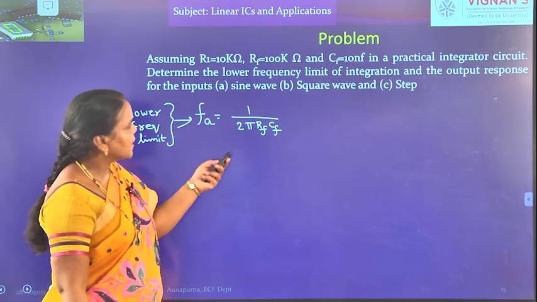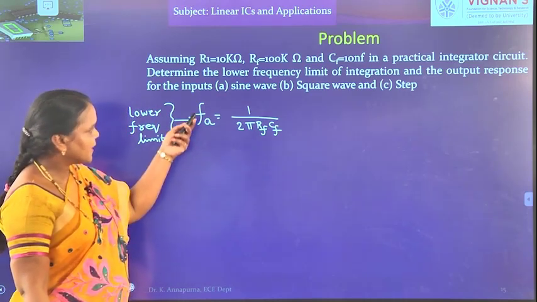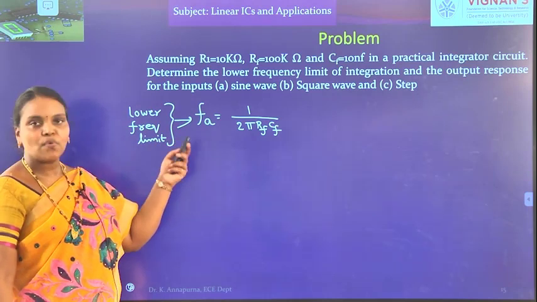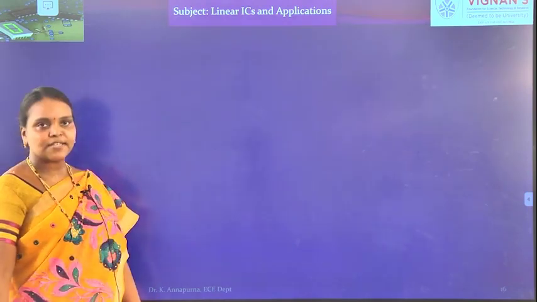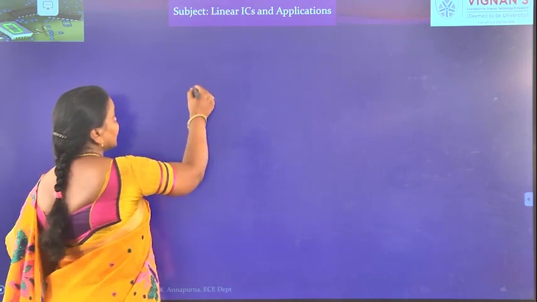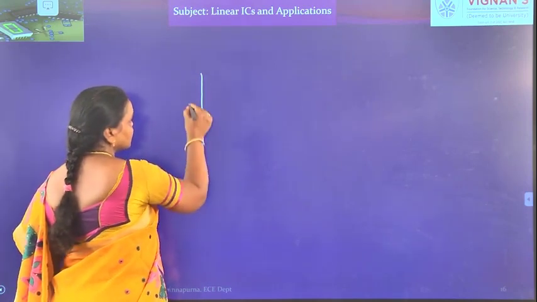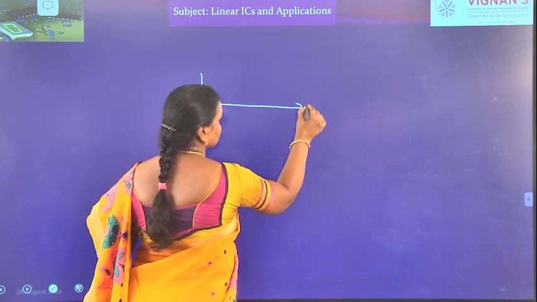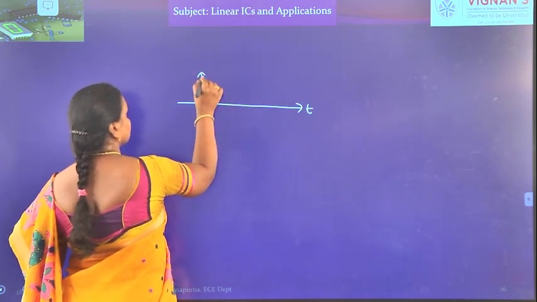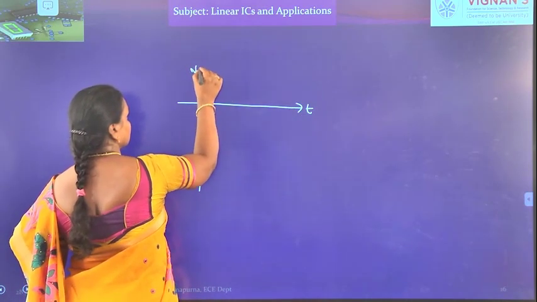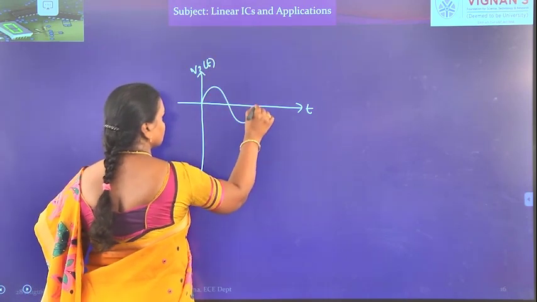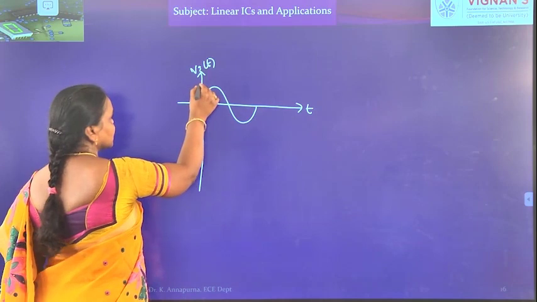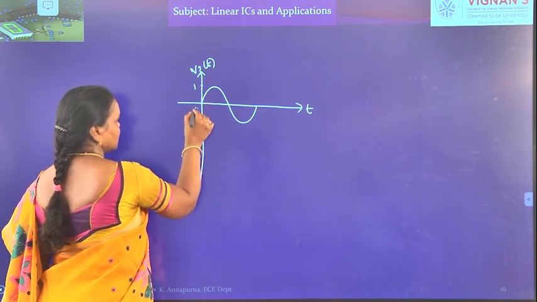Now, let us see the output responses for inputs sine wave, square wave and step. So, how to find? First let us consider the sine wave. Okay, let us consider a magnitude of 1.